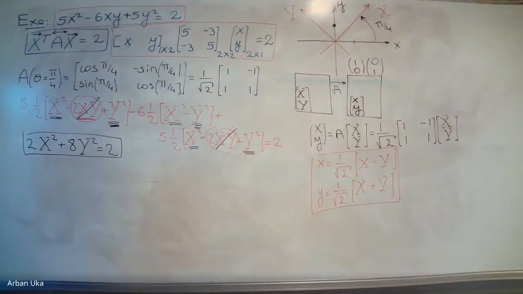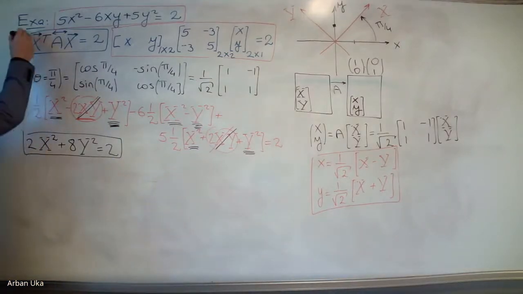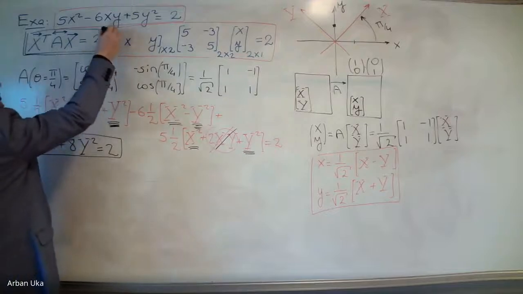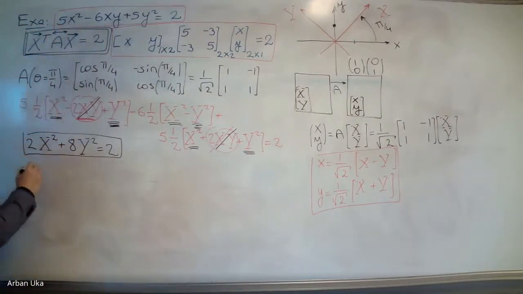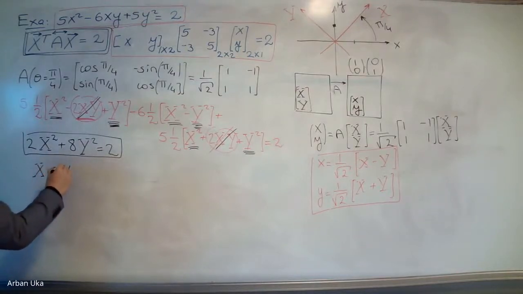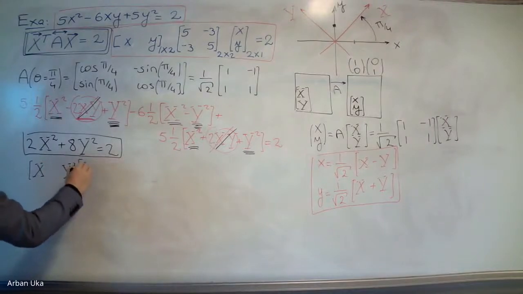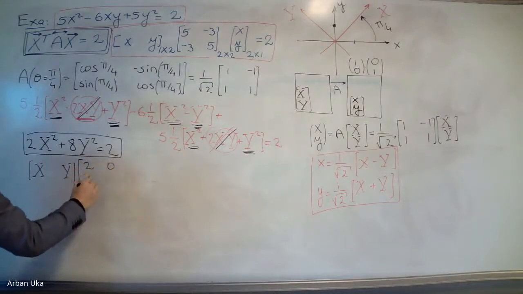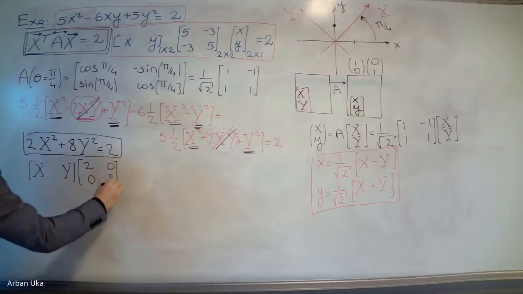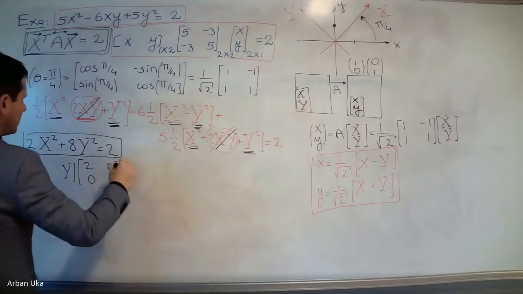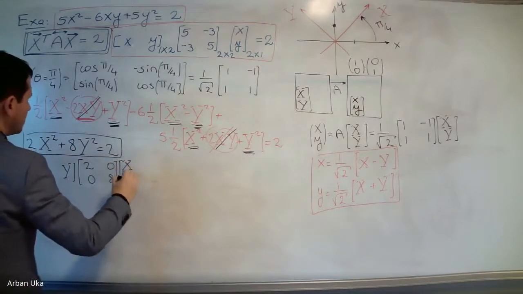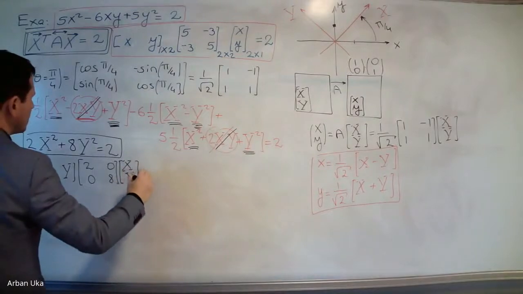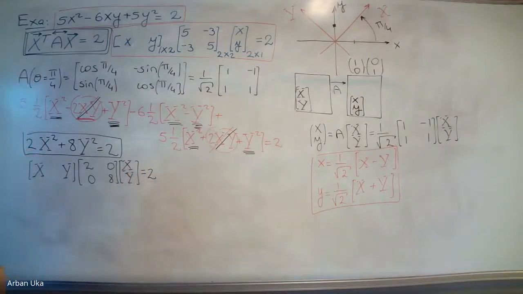If we try to use a similar representation like in here, how would we do it? The way to do that could be the following. We can have (X, Y), which is the X transpose, and we multiply this one with the matrix (2, 0; 0, 8), multiplied by (X, Y). This is all equal to 2.